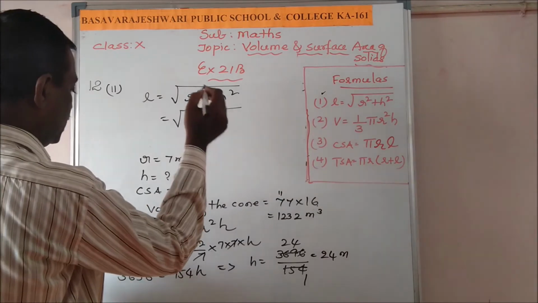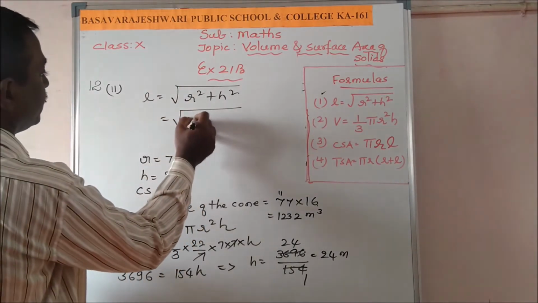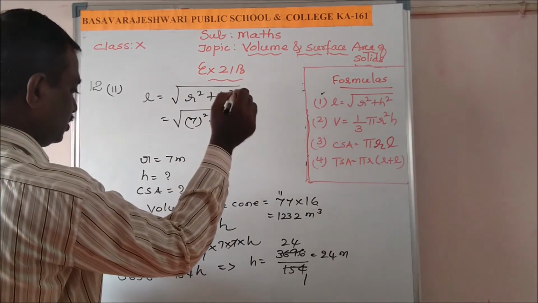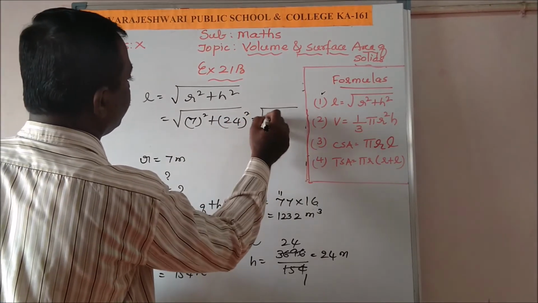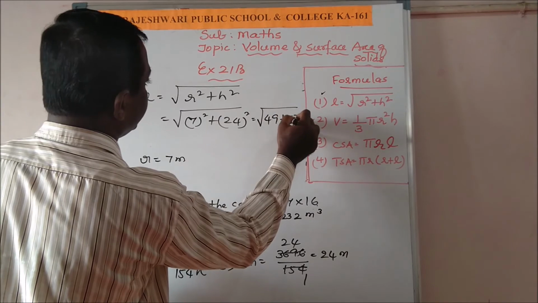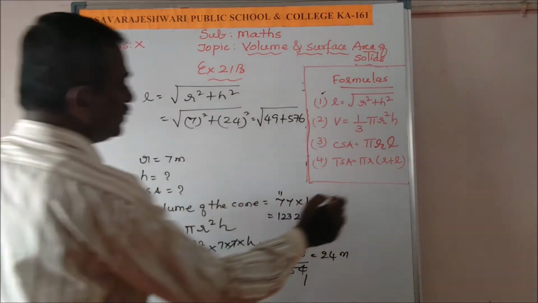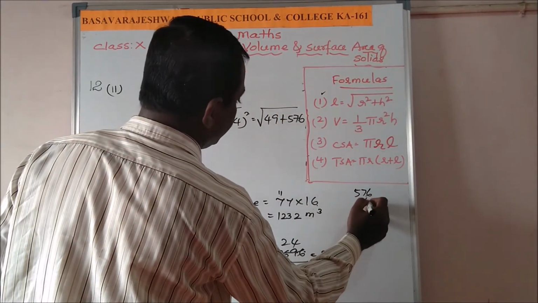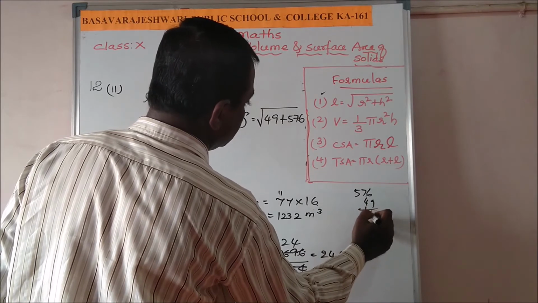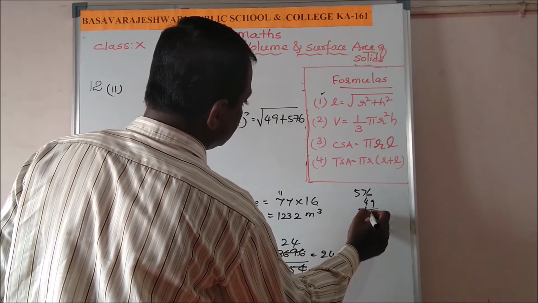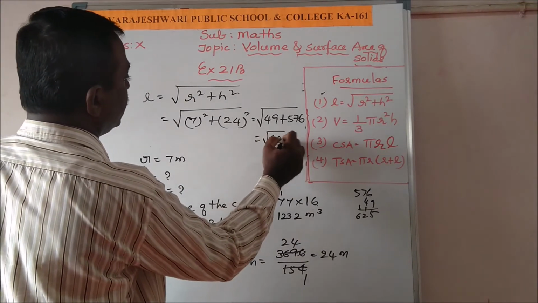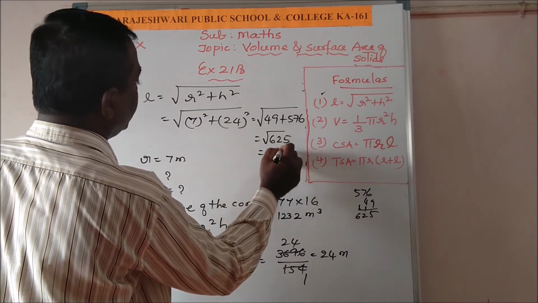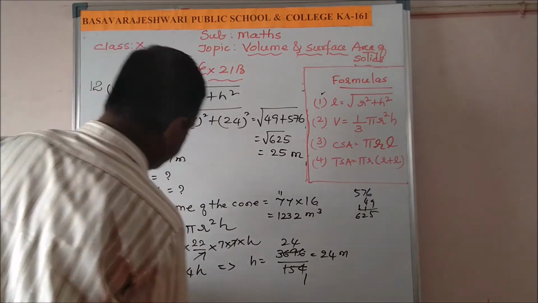That is root of 7 square plus 24 square, root of 49 plus 576, which is 625. That is equal to 25 meters.